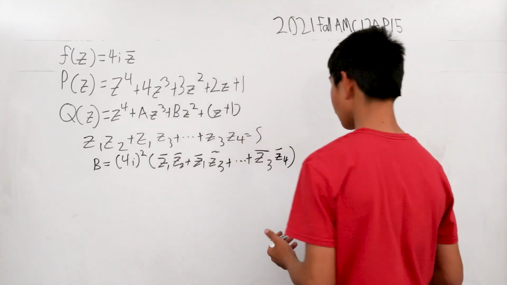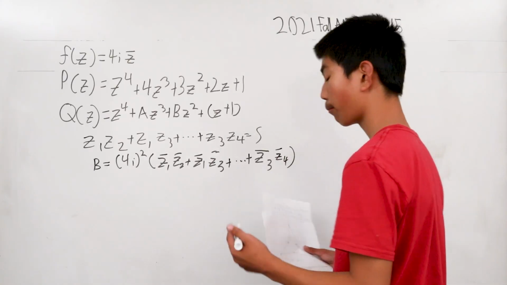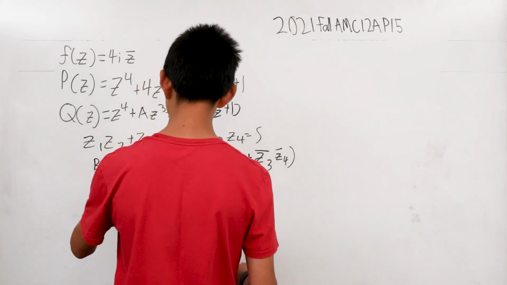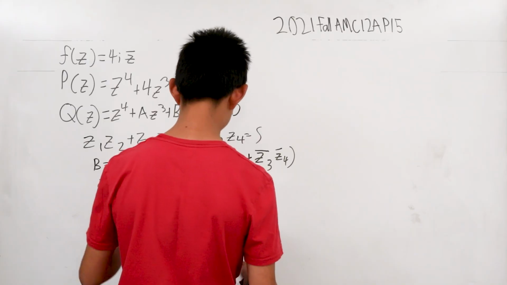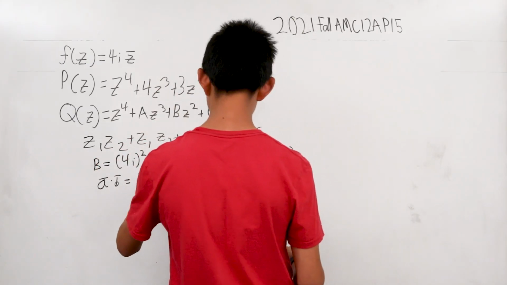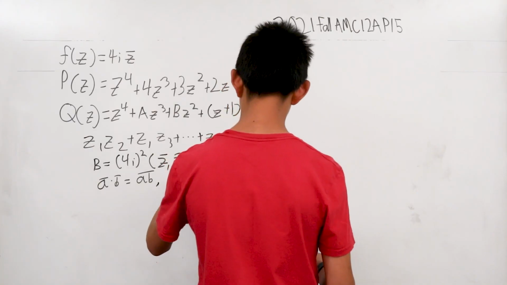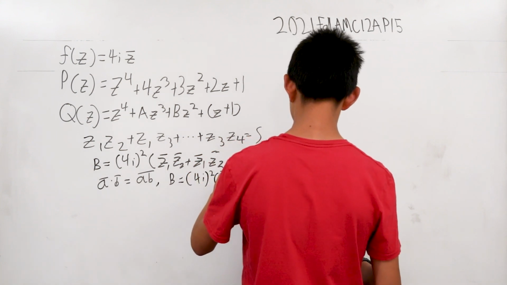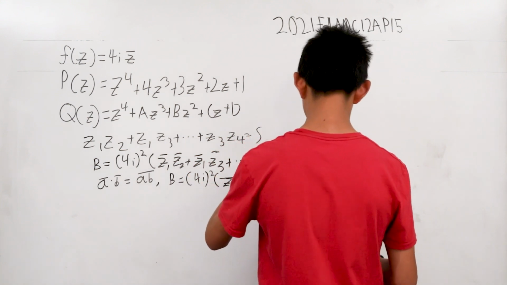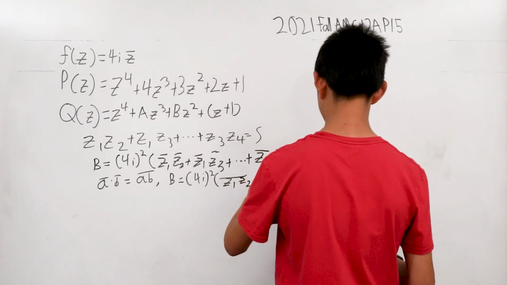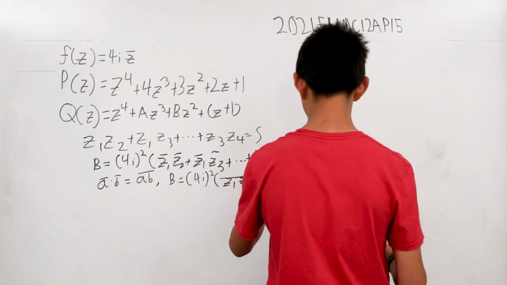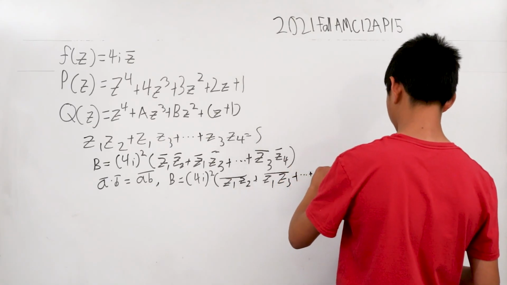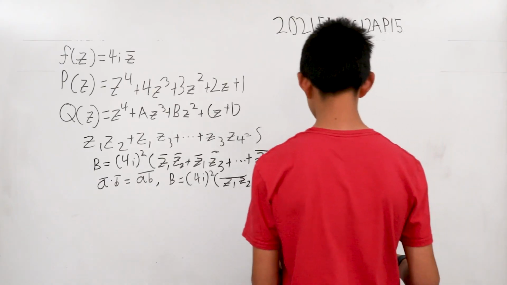Now, due to conjugate properties, we can use one of them. We say that the conjugate of a times the conjugate of b is equal to the conjugate of a and b together. So therefore, our b can be reimagined as 4i squared times the conjugate of z1 z2, plus the conjugate of z1 z3, and you add up all the values until the conjugate of z3 z4.